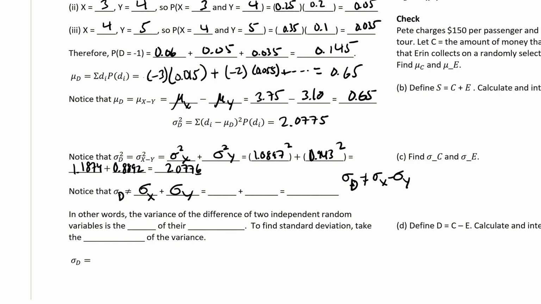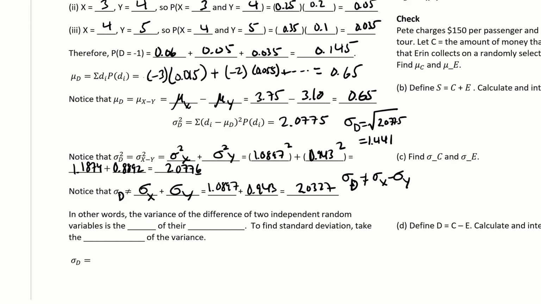If I added these together, I would get 2.0327, right? Which is not 2.0775. Remember, let's do the square root of this. The square root of this, we said, was 1.441. It doesn't equal that either, okay?